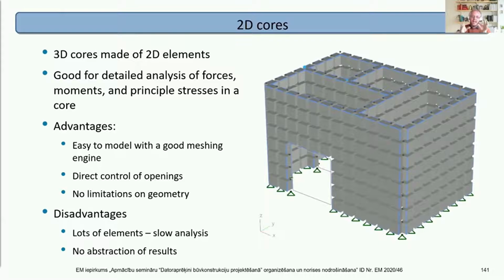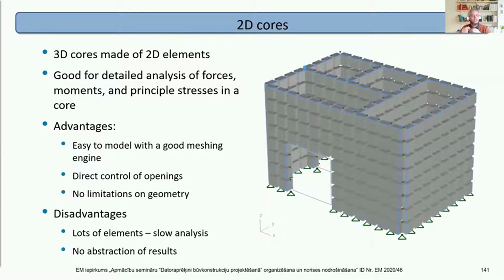You understand exactly how the stresses flow through the walls, go around the corners, and so on. Now, this is good if you've got a good meshing engine with your software. You've got direct control of the openings, no limitations on the geometry. It can be any sort of crazy shape.